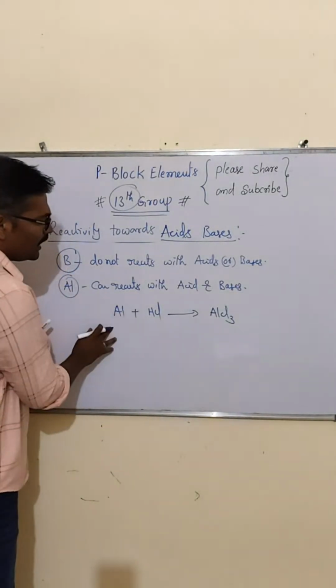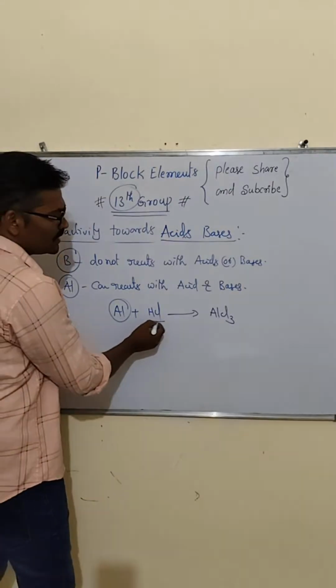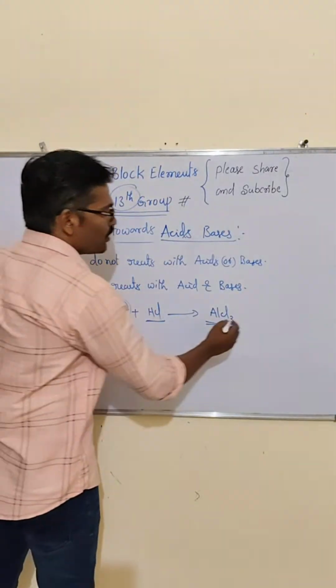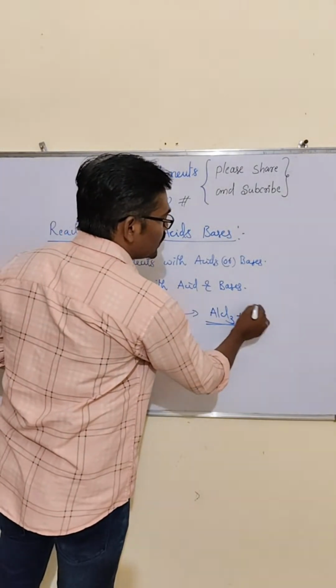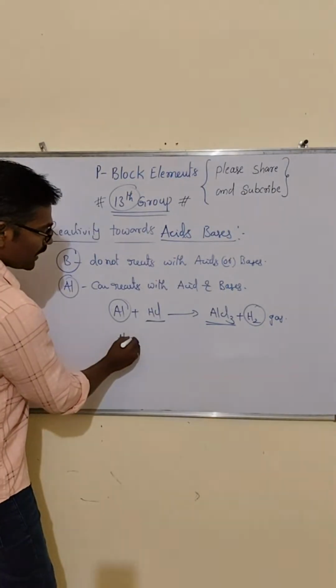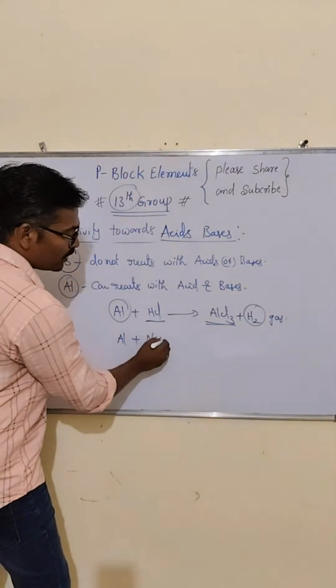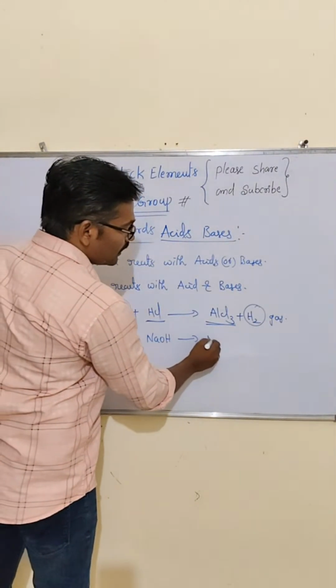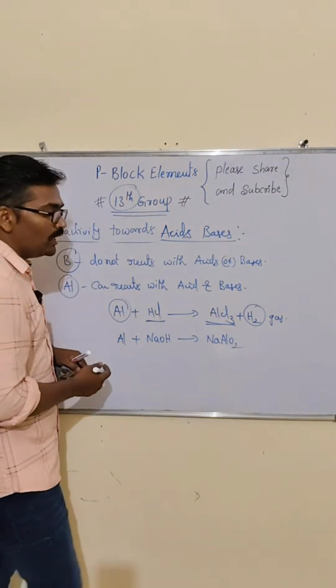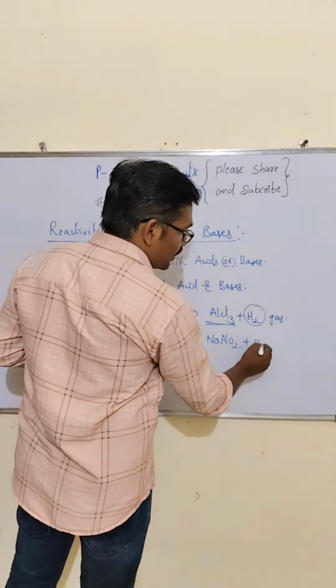If you take aluminum, it can react with acid to form aluminum trichloride, plus it releases hydrogen gas. Aluminum can also react with sodium hydroxide to form NaAlO2, sodium metaaluminate, plus hydrogen gas.